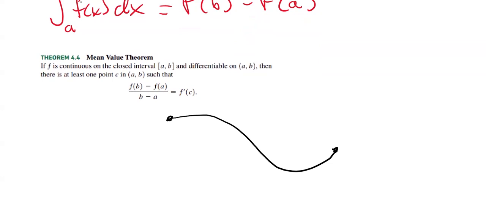We can take the derivative at any point in there, so there are no break points. It's all smooth. It says there's at least one point somewhere in here where the average rate of change from a to b is equal to the derivative at that point.